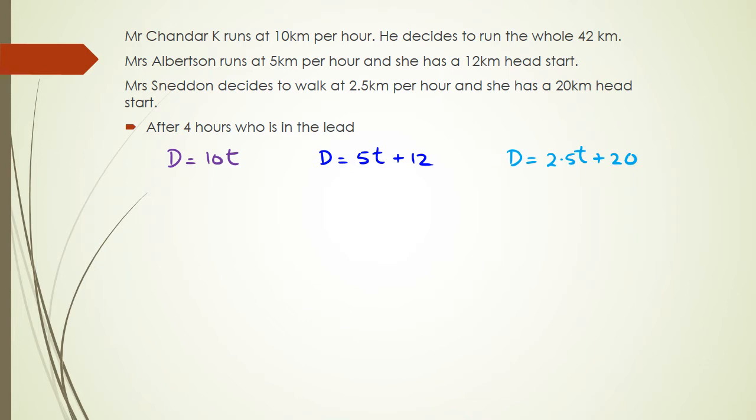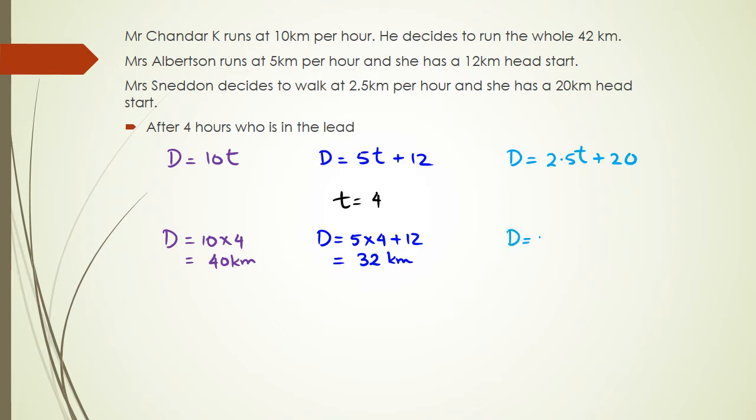So in this case, we're trying to figure out who's in the lead after 4 hours, which means we substitute t equals 4. When we do this, for Chandikay, it is 10 times 4, so you're going to get 40 kilometers. For Mrs. Albertson, we have 5 times 4 plus 12, which means she's at 32 kilometers.